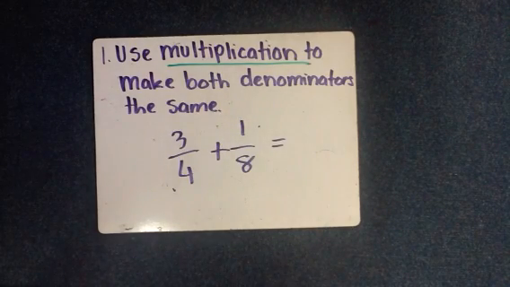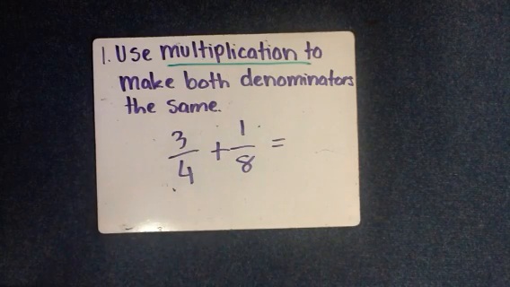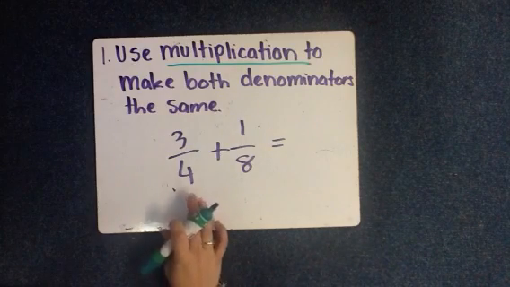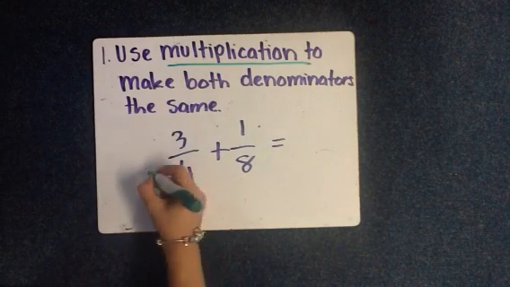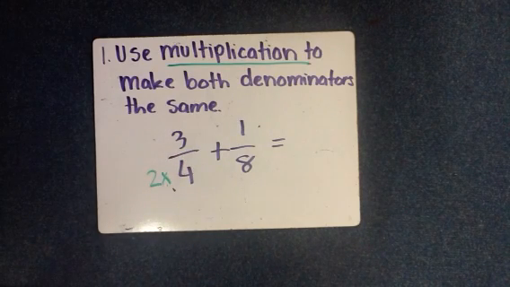We need to turn this 4 into an 8 using multiplication. If I know my times tables, I know that 4 times 2 equals 8. So I times the 4 by 2, and that will give me 8.